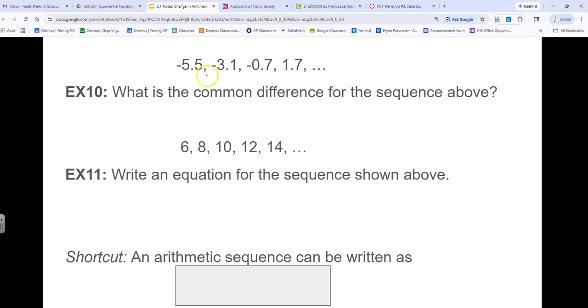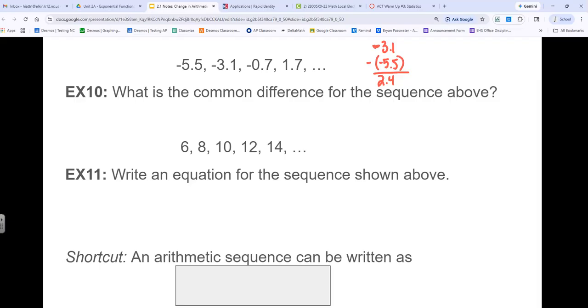Little tougher here, but an option is always take any term, so like -3.1, and subtract the term that comes before it, right? So if I do -3.1 minus -5.5, I will get +2.4.